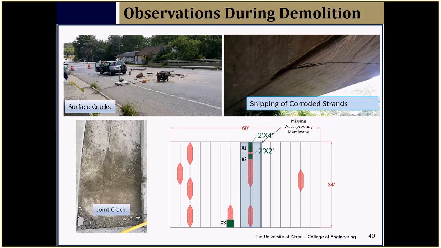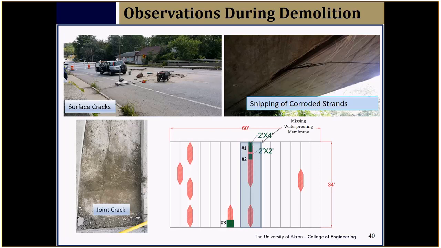You mentioned that in some locations, surprisingly, there was no membrane at all, but you did remove the membrane in other places. What I remember is that you tried to run tests on the properties of that membrane. So what was the condition of the membrane after being in service for 20, 25 years, and how was it different than a new membrane?